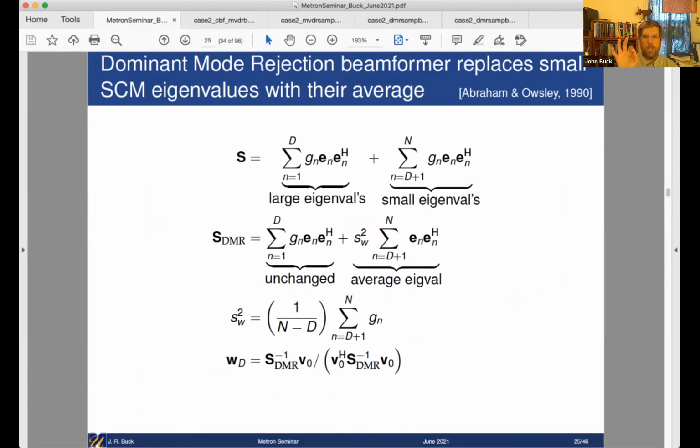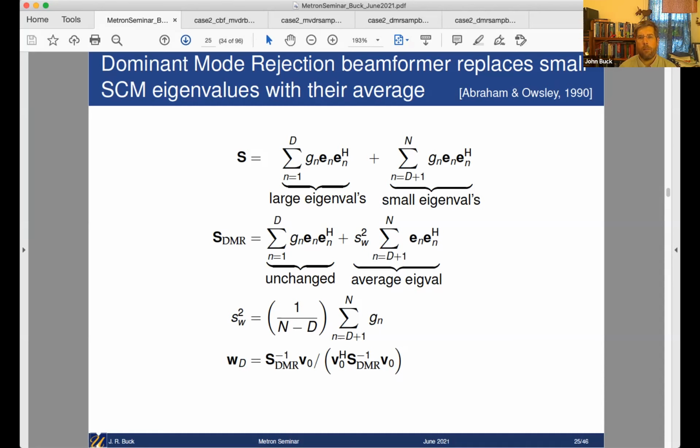We're going to keep one piece with the large eigenvalues because we're doing well at that. We're going to leave that alone. But the second piece with all the small eigenvalues, we're going to replace the actual eigenvalues by their average. So we're going to make it constant, flat in that region. And we're going to impose that constraint on the data just by averaging the n minus d smallest eigenvalues, and then still use the MVDR formula.